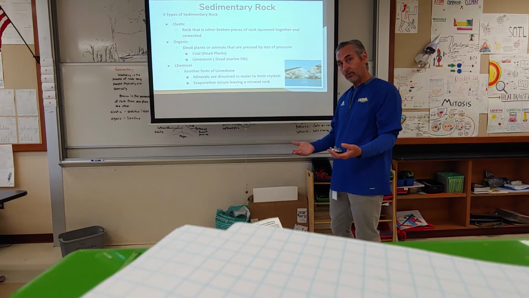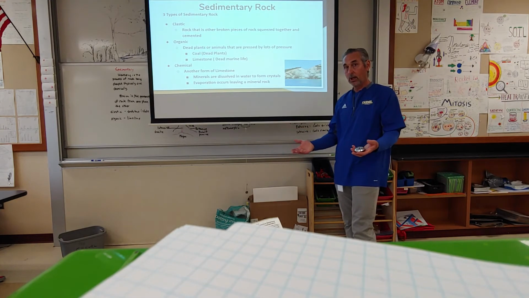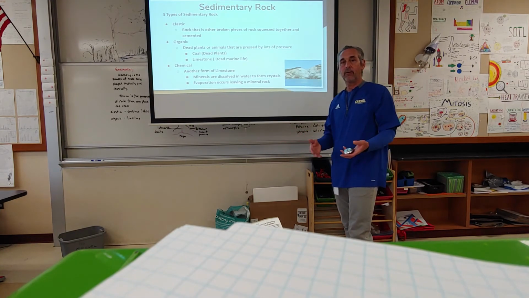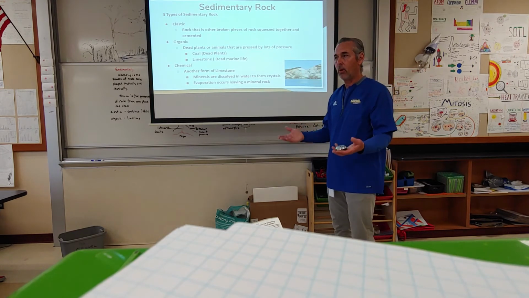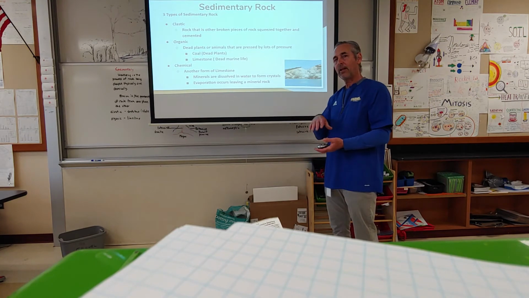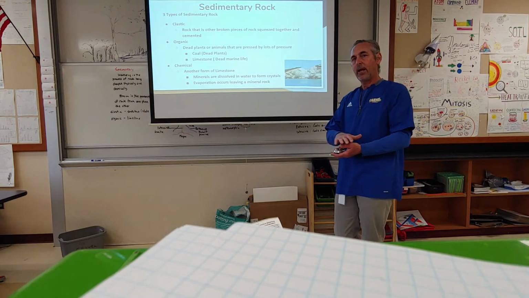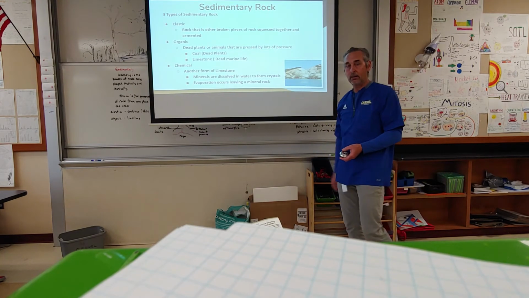They settle to the ocean floor. It could be fresh water, but mostly oceanic water. They end up floating to the bottom, and it just builds up more and more, compresses down, and then it turns into limestone. Okay, that's an organic material.